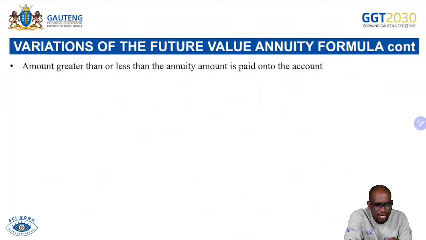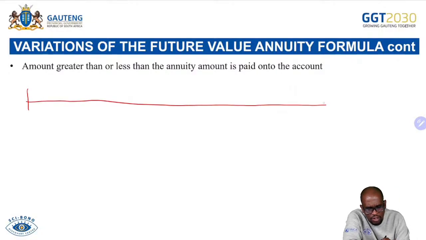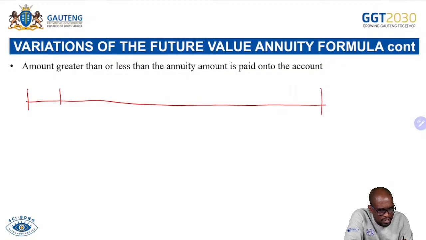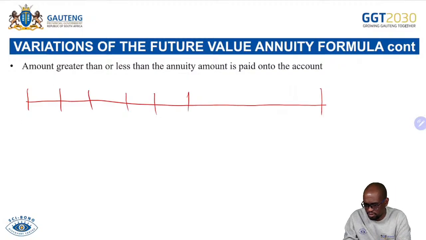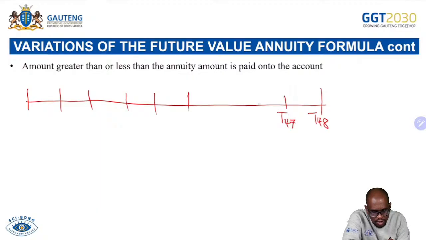Amount greater than or less than the annuity is paid into the account. All right. Let's say you have an annuity, 500. All right. For 5 years. Let me take it 4 years, which is 48 months if you are compounding monthly. All right. T48. All right. T47. T46. Okay.